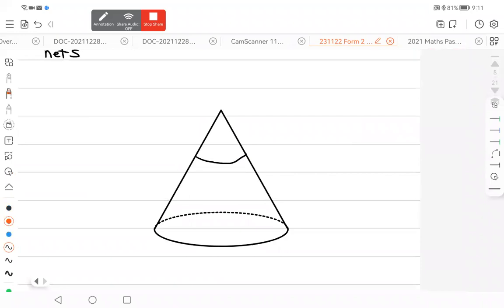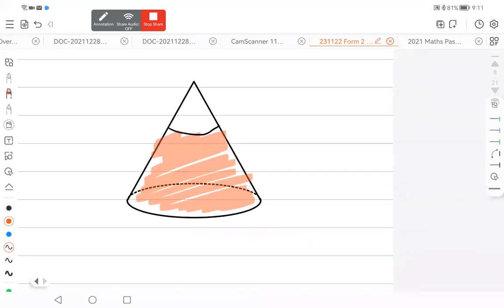Then the question asks to find the remaining volume, or the shaded volume. So before you find the answer, you have to ask yourself, what are the 3D shapes you can see from this diagram?